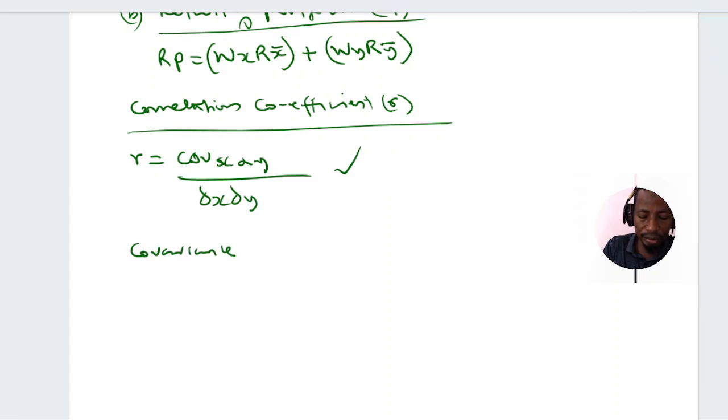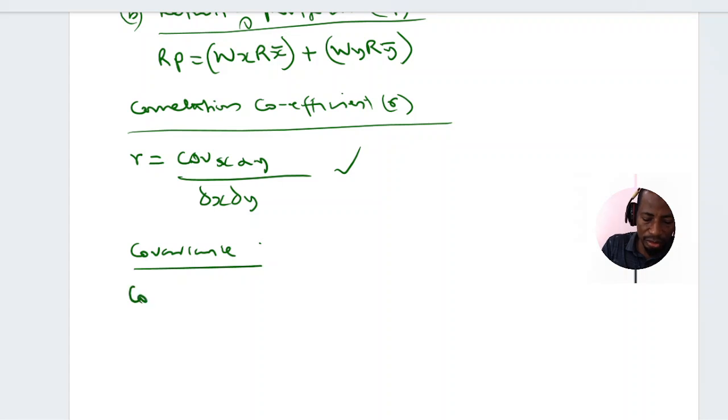Covariance between the securities. What do you understand by covariance? Covariance measures the linear relationship between securities or between two variables.